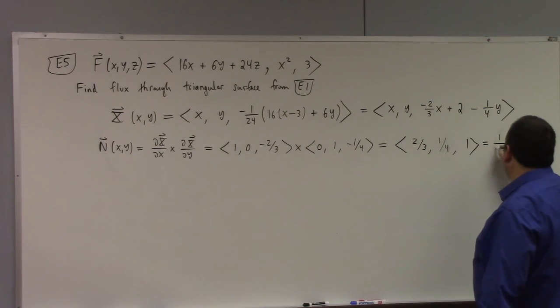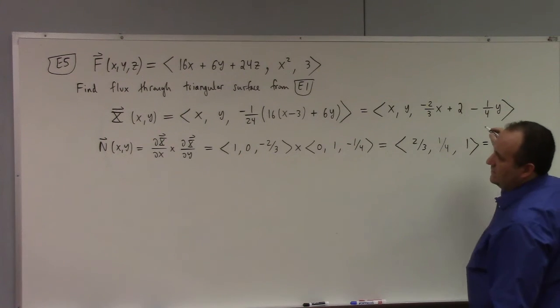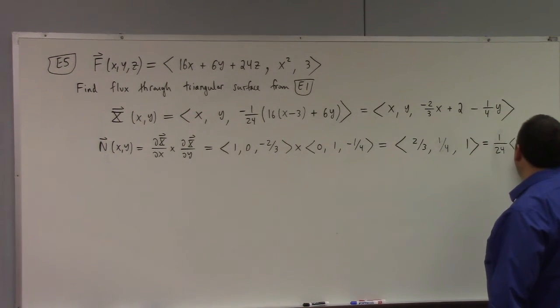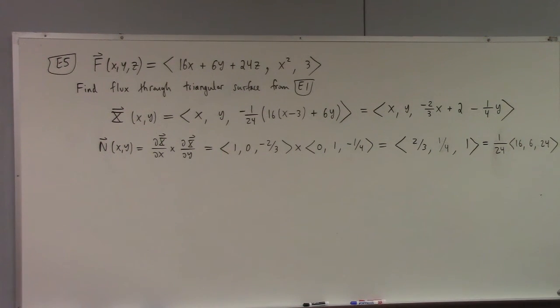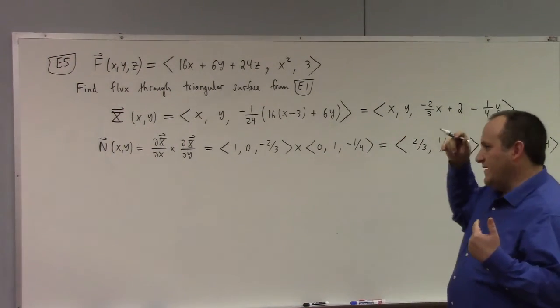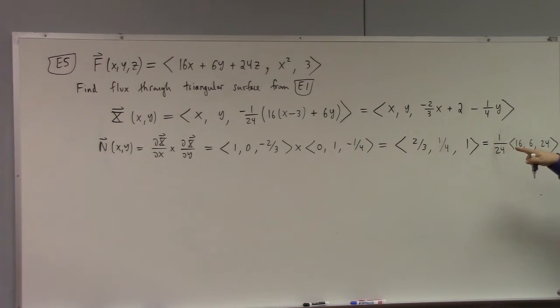If I do 1/24 times 16, 6, 24, I know that this has to happen because the normal vector is 16, 6, 24. So if I've got a 1 in this last spot and I want to make that into a 24, I just divide by 24. But I can't do it for just the z component in isolation. So it forces this calculation to make sense.